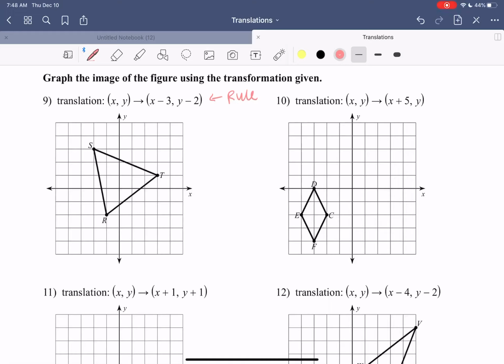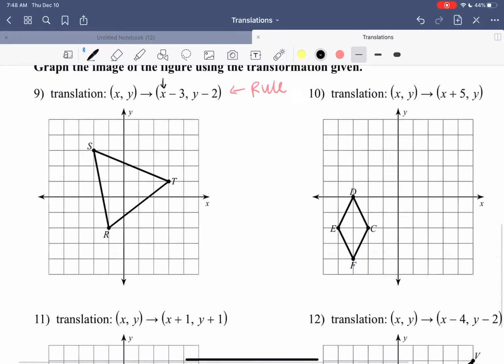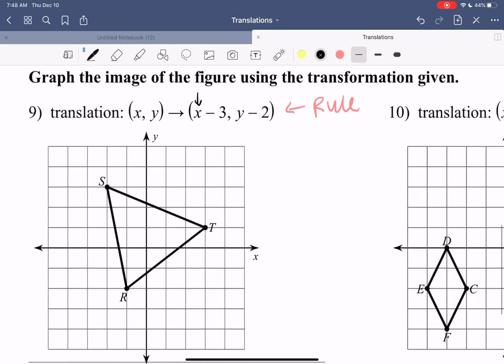So we know that X, maybe zoom in a little bit, the X here is with left or right. And subtraction is left. Okay?